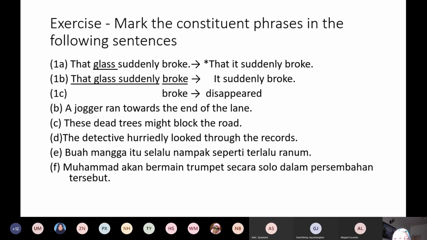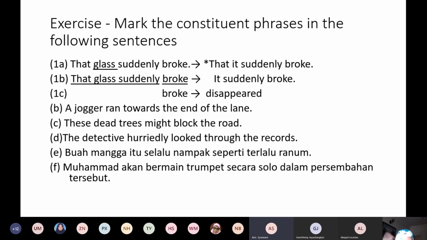Okay, so berapa tadi? Doktor nak tanya kalau macam Muhammad akan bermain trumpet tu boleh ke jadi macam satu konstituen? Itu tadi saya cakap dia sebenarnya secara keseluruhan ada 2 konstituen, iaitu subjek Muhammad.